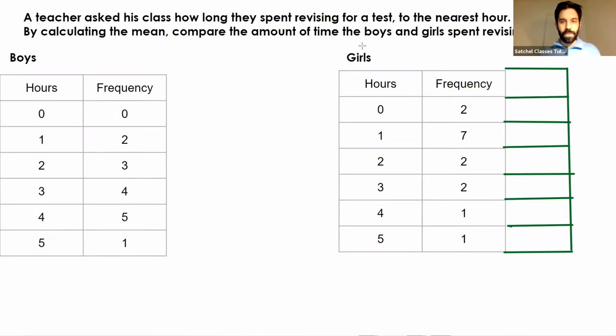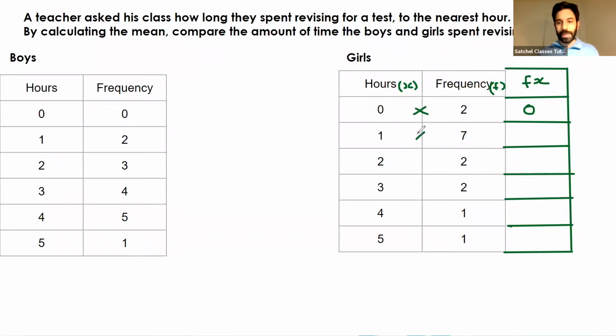Okay. Now what we need to do is to draw our FX column. So the number of hours will be X and F for frequency. So 2 students spent 0 hours studying. So in total, that's 0 hours studied. 7 students spent 1 hour studying.